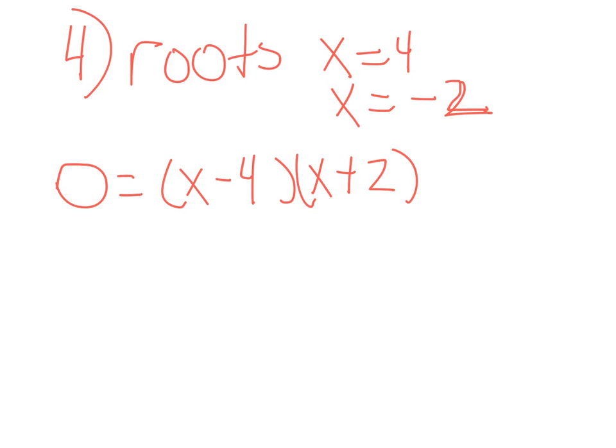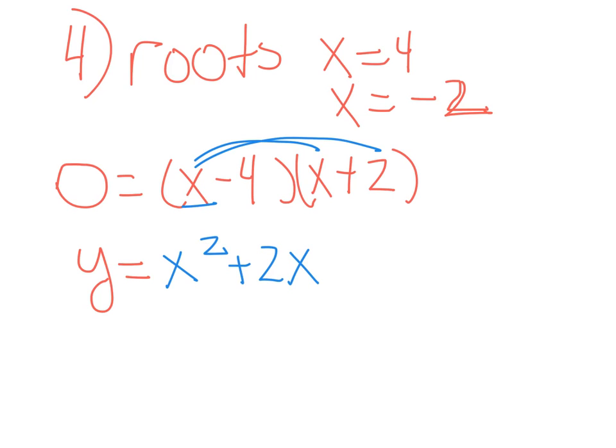And now if we want to write this in y equals form and in standard form, we would actually distribute this out. So I'm going to start with the first term in the first binomial, and I'm going to distribute it to the second binomial. So I get x squared, and then I'm going to continue distributing that term plus 2x. And then I'm going to take the second term in that first binomial and distribute it to the other binomial.